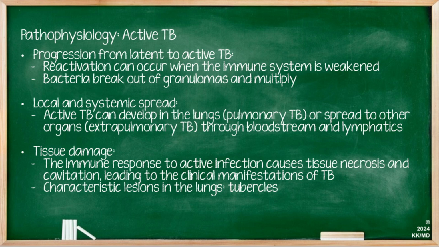And the tissue damage basically results from an activation of the immune response to the active infection, which causes tissue necrosis and cavitation, leading to what we frequently know as the common clinical manifestations of tuberculosis. And these cavitations that are quite characteristic in the lungs, those specific lesions in the lungs, are commonly known as tubercles.